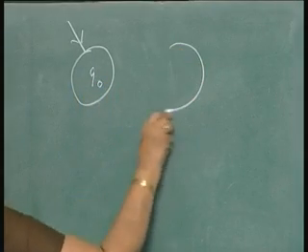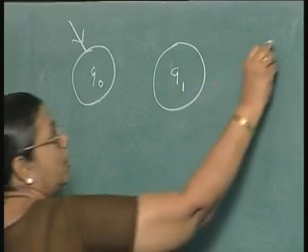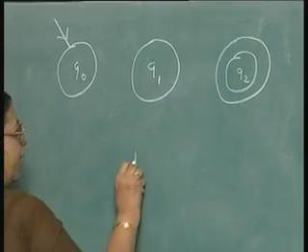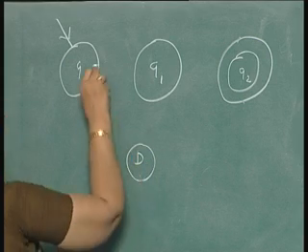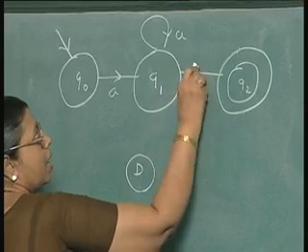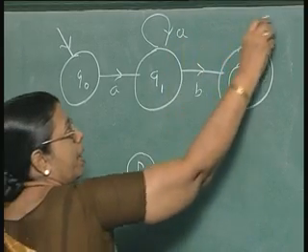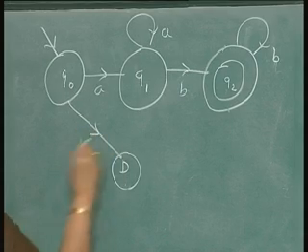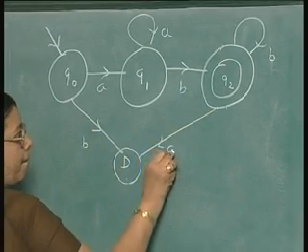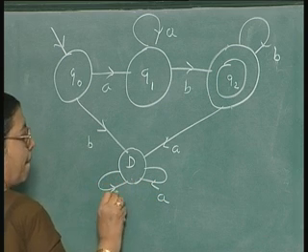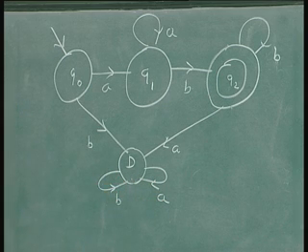Q naught, Q1, Q2 with a dead state, A, B and then B. This was a deterministic automaton which accepted the same language.